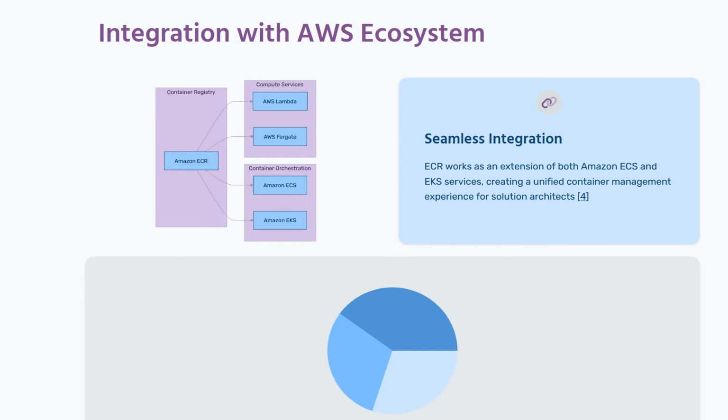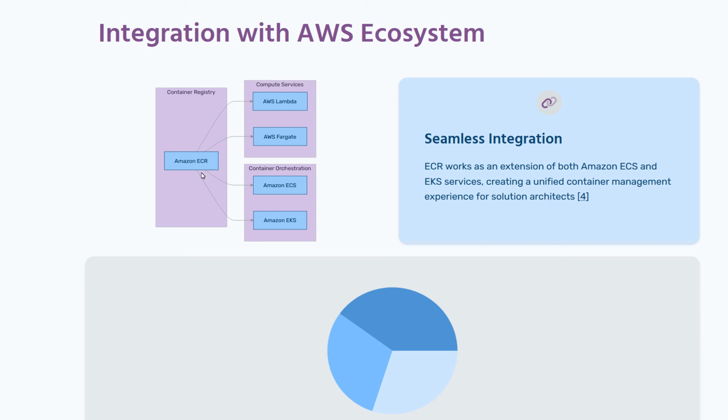Okay, so how does ECR integrate with the other AWS services? Elastic Container Registry has seamless integration. It says ECR works as an extension of both ECS and EKS, the container service and Kubernetes service, creating a unified container management experience for solution architects.